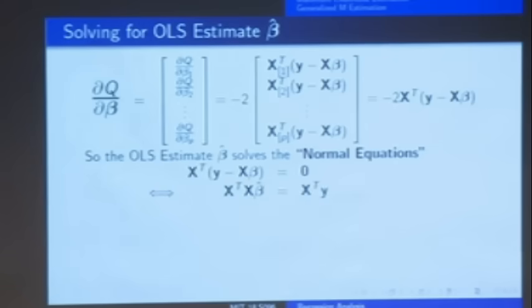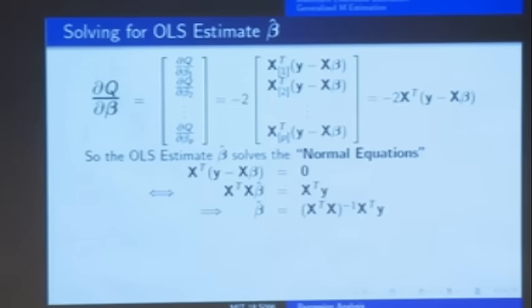So let's consider how we solve that. We can re-express that by multiplying through the x transpose on each of the terms. And then beta hat solves this equation.